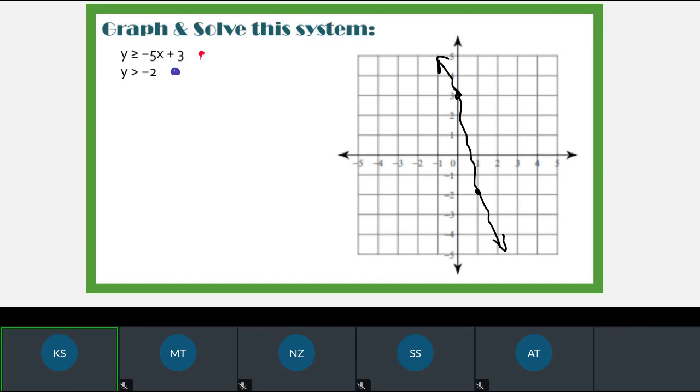Yes. Yes, that's correct. Yep, it goes left and right. All right, Amari, don't forget to do a test point. So let's use the point 0, 0. So go ahead and plug in 0 for y and 0 for x, and let's see if we get a true statement.